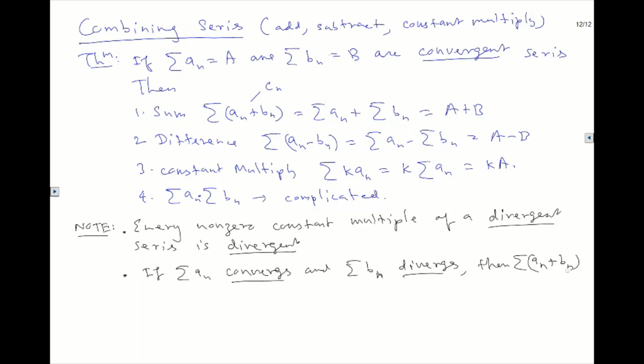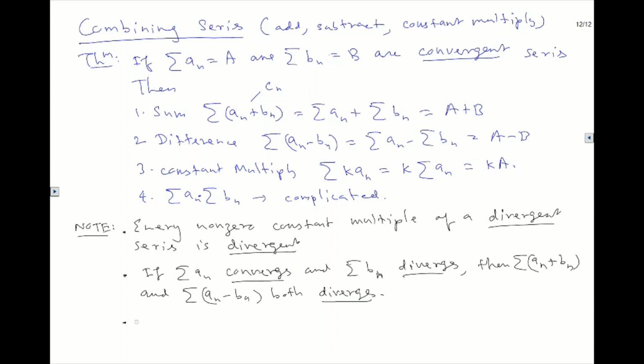The other one goes to infinity, so everything goes to infinity. And sigma an minus bn, they both diverge. So if one converges and one diverges, then the sum diverges, and the difference still diverges. So if you just add a convergent series, it doesn't change the behavior of the original series. That's what it means.